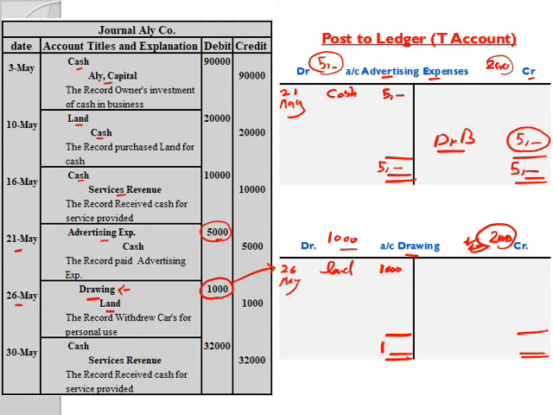Record in the debit side and the credit side 1,000, the remaining 1,000 debit balance. Drawing expenses debit balance. We said why: there is a direct relation with capital.